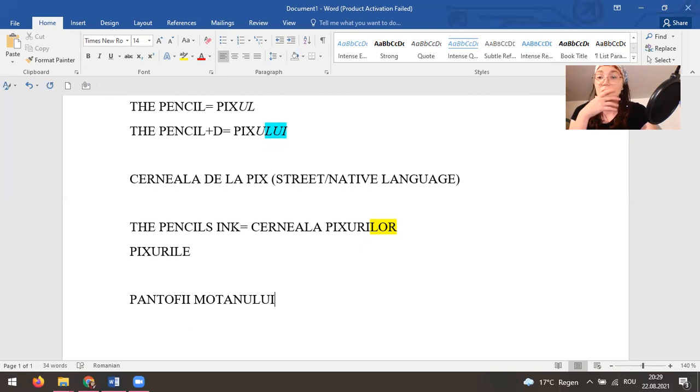Motan, if you don't know what it means, is a tomcat. And shoes, the tomcats, the tomcats. Shoes, shoes. Pantofii motanului. Pantofii motanului, and I will make it a table.